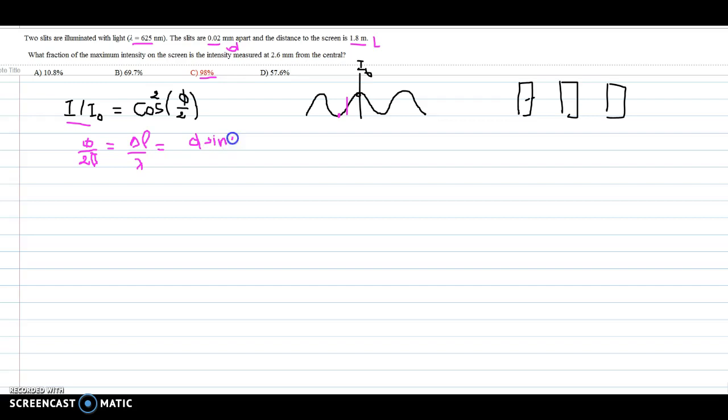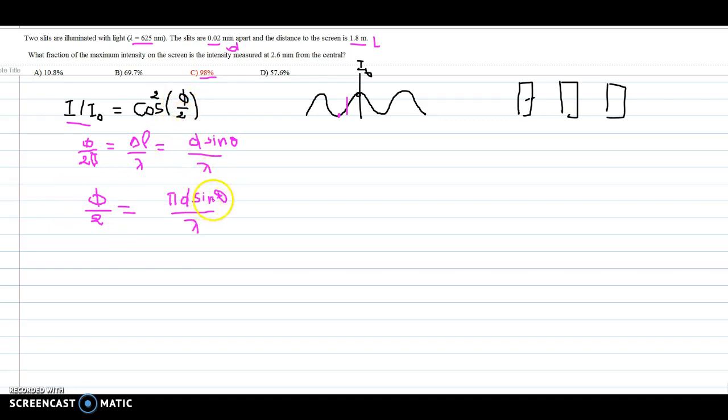I don't have to do this, but just to remind you of the procedure, over lambda. Now I can solve for phi over 2. Well, I just multiply by pi, that is pi D sine theta over lambda. Okay, so we have evaluated this quantity here, phi over 2.